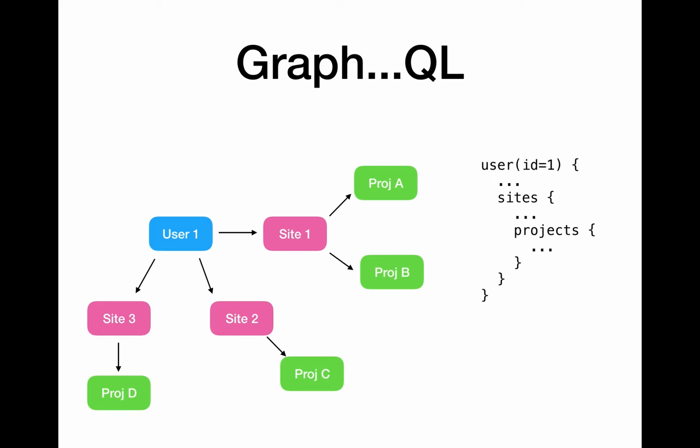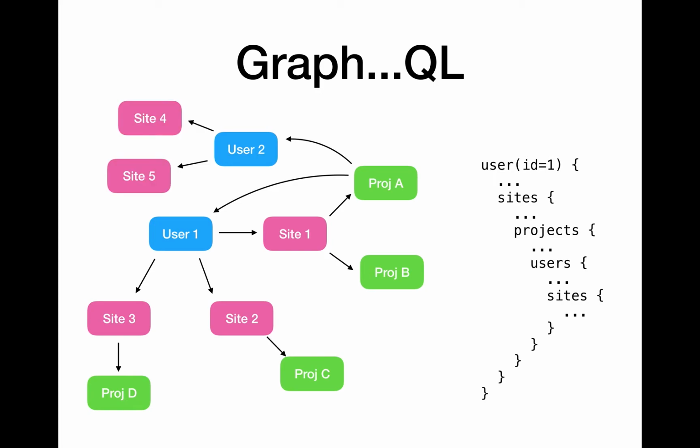So why not ask for them? If we do that, we see that this is not a tree anymore. These boxes over here to the left look more like a graph. In fact, because I'm getting a user, and it's the same type as a user, I can always ask for the sites of those users. So why not even complicate the query further?